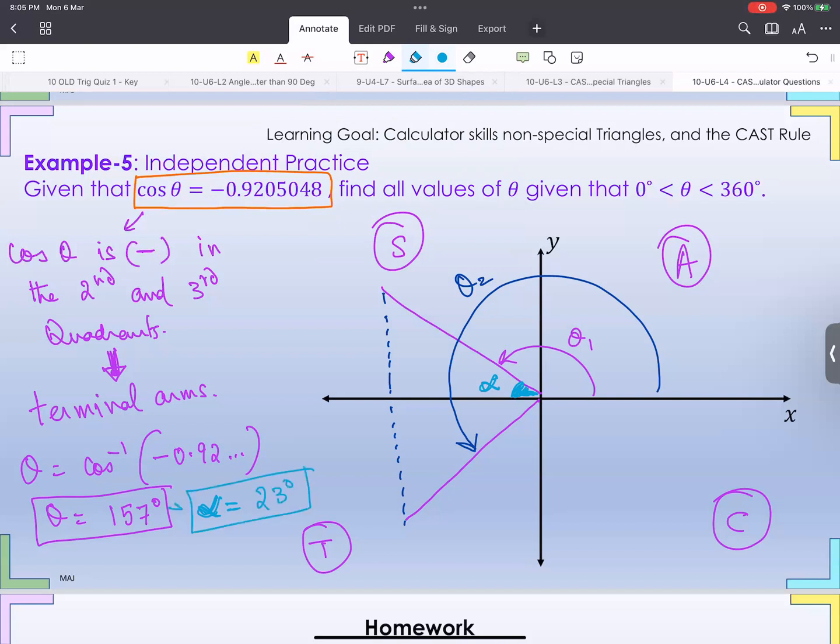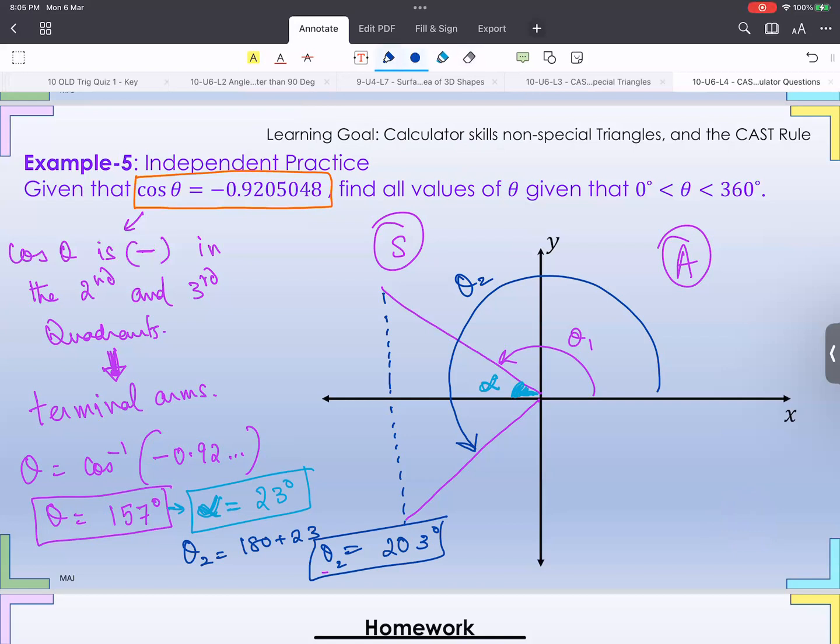Then we're going to link that to the next part. Therefore theta 2 is 180 plus 23, which is 203 degrees.